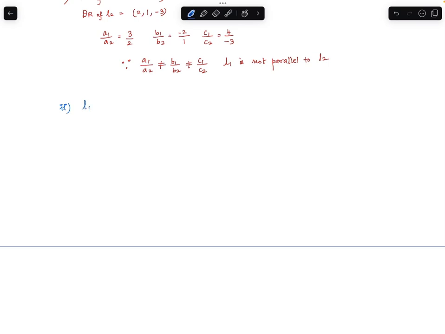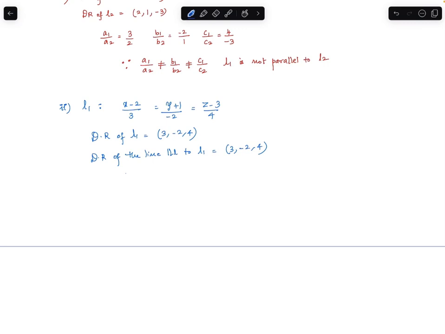The given line is (x minus 2) by 3, (y plus 1) by minus 2 equal to (z minus 3) by 4. The direction ratios of line 1 are 3, minus 2, 4. The direction ratios of the line parallel to L1 will also be 3, minus 2, 4.